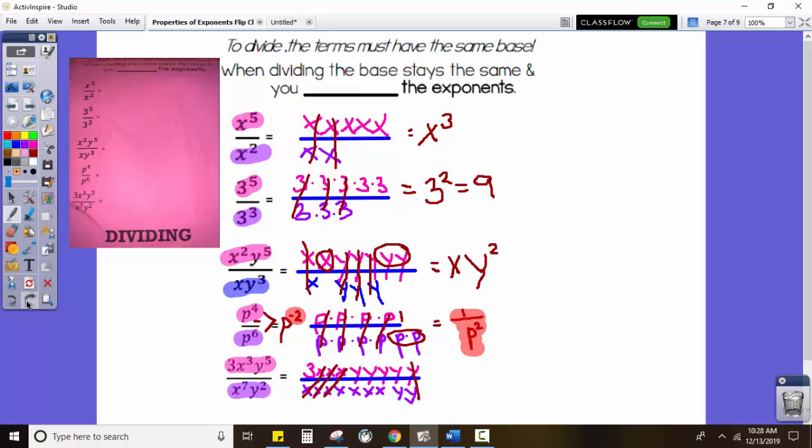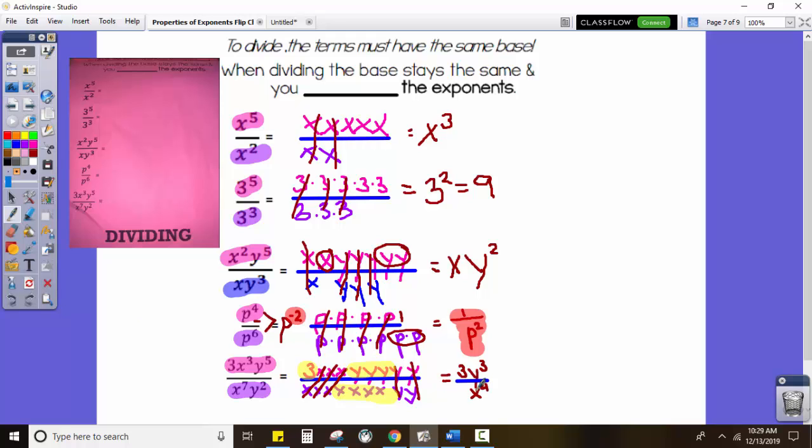Then when I start to cancel my y's, I have 1, 2 that will cancel, and 3 y's left in the numerator. So now when I go to write my expression, I see I have my coefficient of 3. And then for my y's, that would be y to the third. And then in the denominator, I have the 4 x's, so that would be x to the fourth.